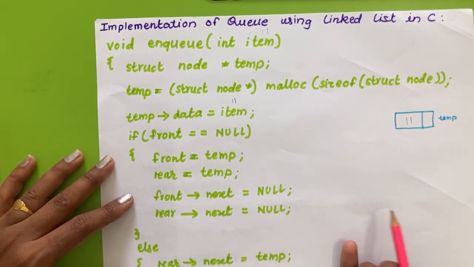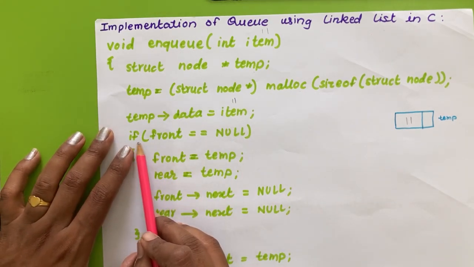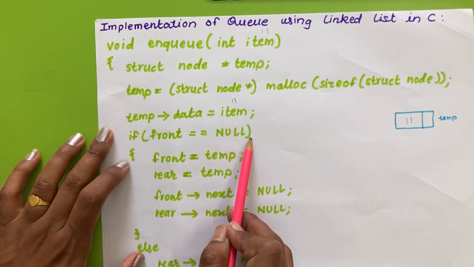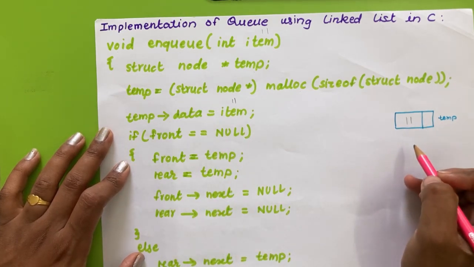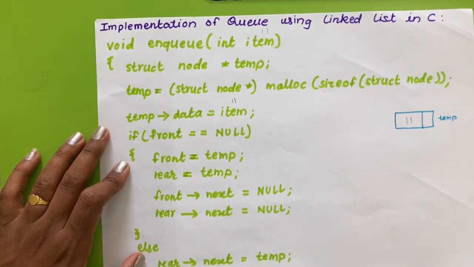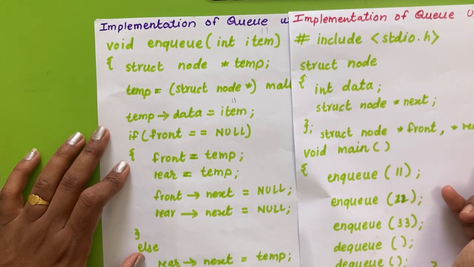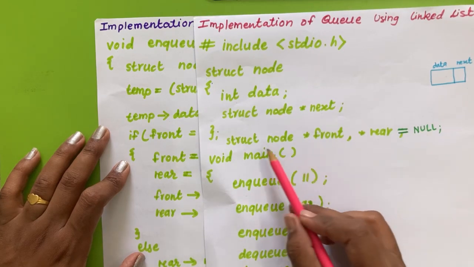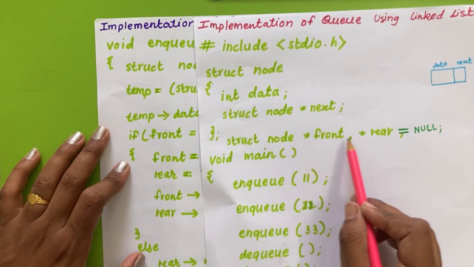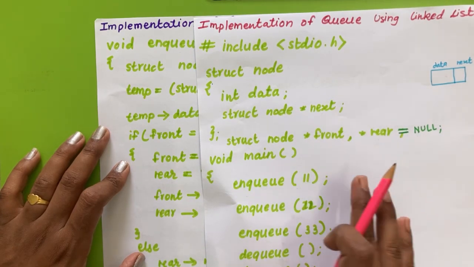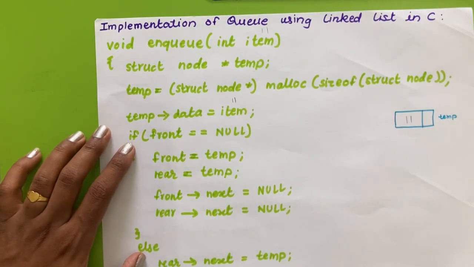So that's why first condition is if front is equal to null. So we have initialized front to null globally only. Struct node star front and rear is equal to null. So this condition satisfies here.